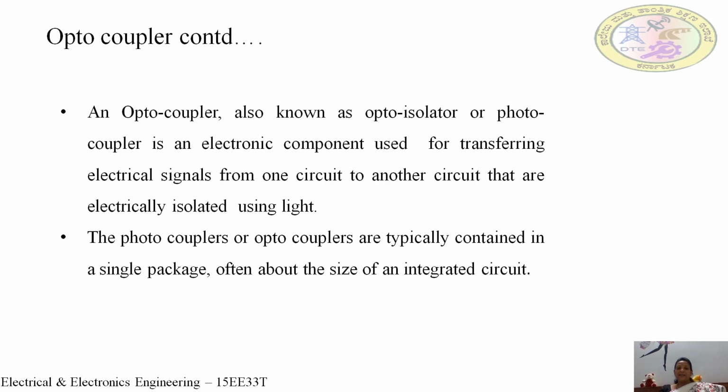So optocoupler, as I said, is also known as optoisolator or photocoupler. It is an electronic component used for transferring electrical signals from one circuit to another circuit that are electrically isolated, using light. Why is this kind of isolation needed? In many applications, many times when there is a difference in operating voltage between two circuits, electrical noise comes in. That is, from one circuit to another circuit, electrical noise is nothing but disturbances which are not required.